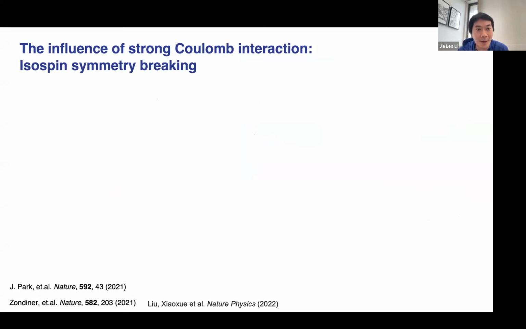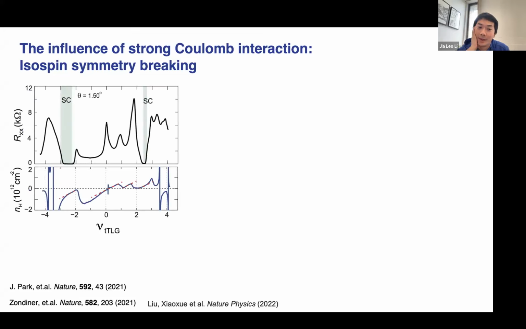When you have a flat energy band in multilayer graphene, Coulomb interaction dominates, and some interesting quantum phenomena come out. Some of the phenomena are quite well studied, so that we think we have a pretty good handle on them, for example, isospin symmetry breaking. The isospin symmetry breaking can be probed using many different methods. What I'm going to show here is the transport response. This is the measured longitudinal resistance as a function of Moiré band filling, measured at B equals 0 in twisted trilayer graphene.